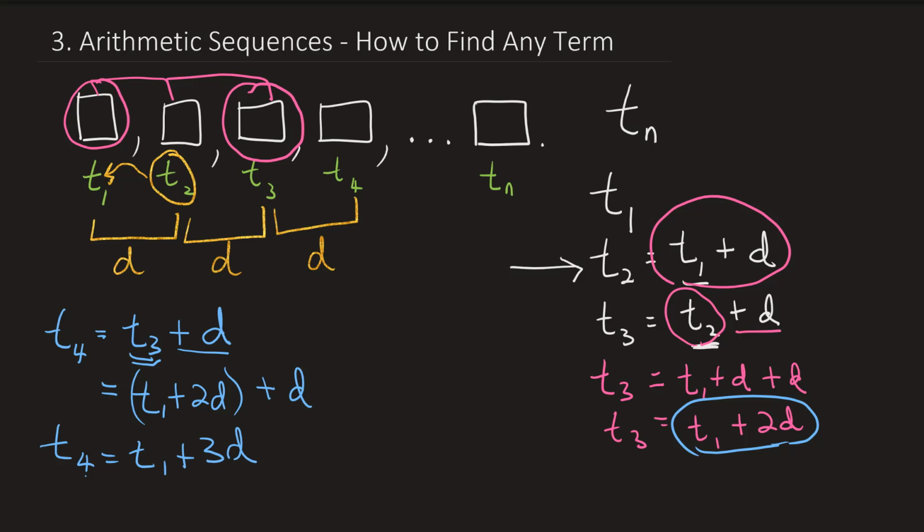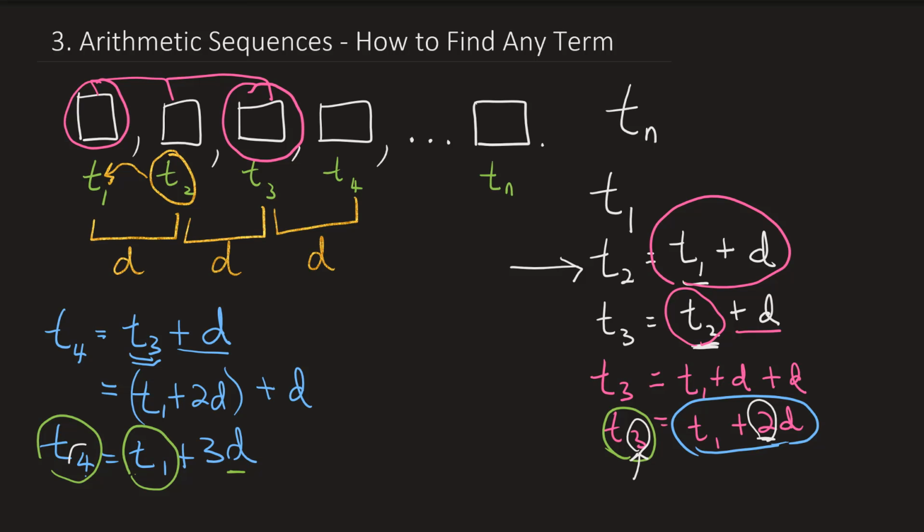So if we just take a look at what I've done, I've written each of these terms using just T1 and D. And if you notice, the third term has two lots of D. So when n equals 3, you have n minus 1 D. So you have 2D. Let's take a look at the fourth one.